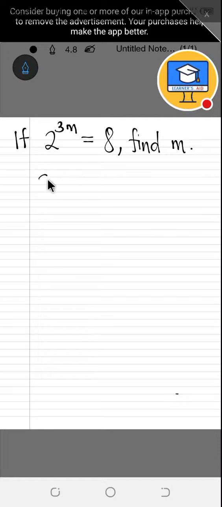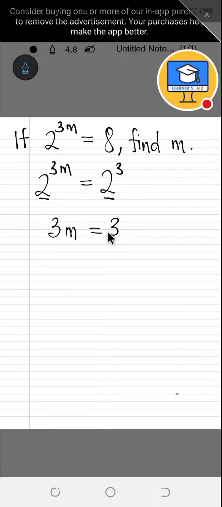Okay. So 2 to the power 3m equals 8. That means 8 is the same as 2 to the power 3. So we can actually compare the powers. If 2 is the same as this 2, that means 3m is the same as 3, right?